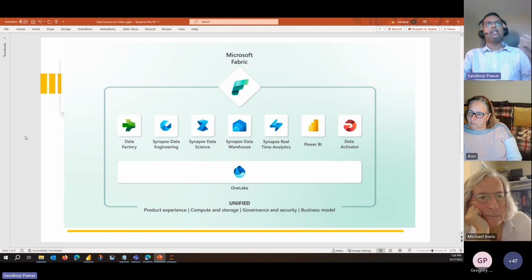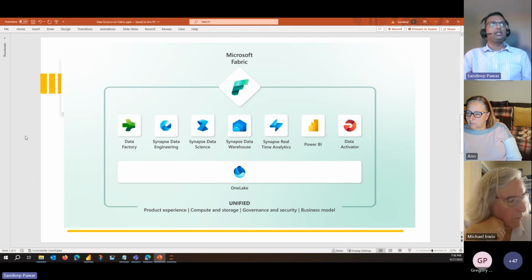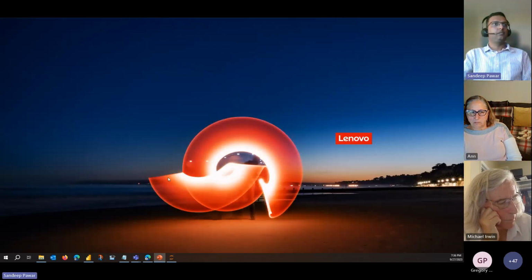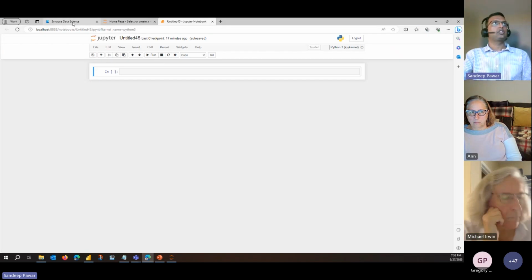You can choose any engine that you have experience in for the job you're looking to achieve, and create solutions based on your experience and requirements, without having to worry about configuring all of these things. So let's take a quick look at what exactly Fabric looks like.